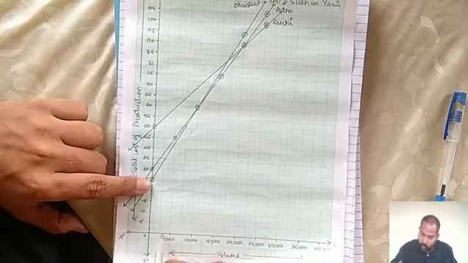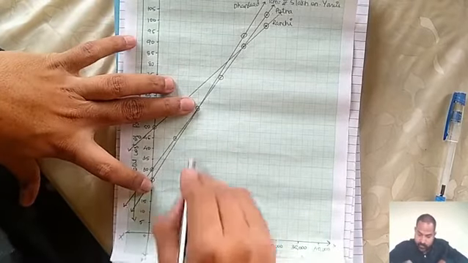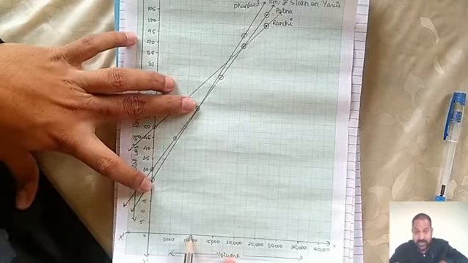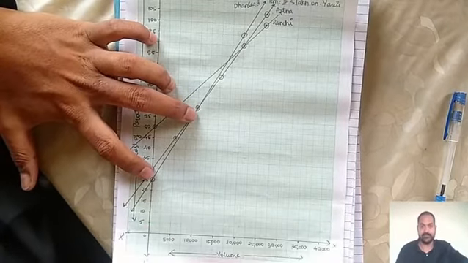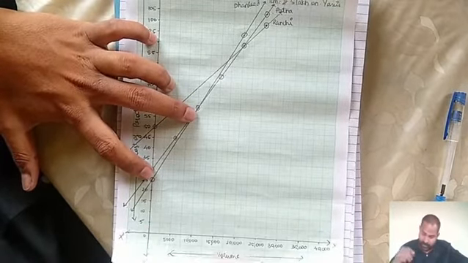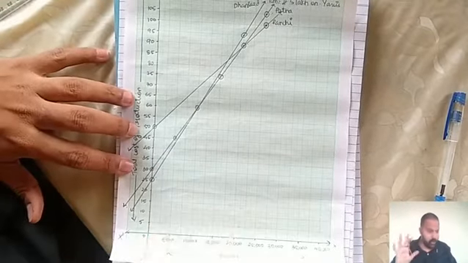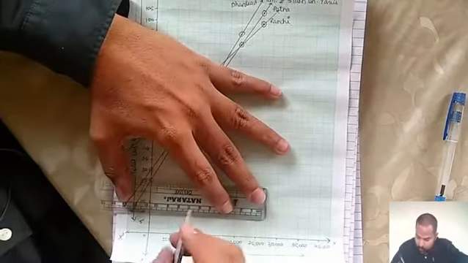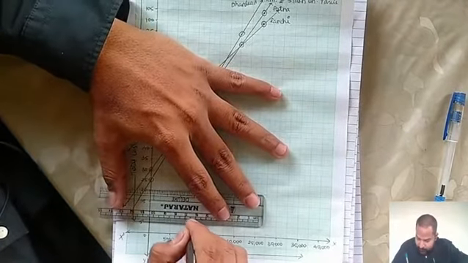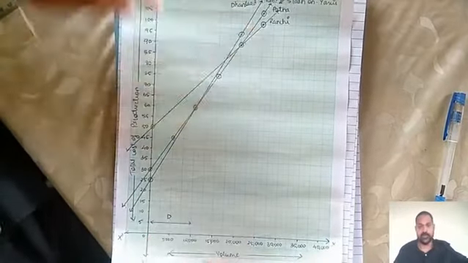From 0 right up till 10,000 units, the line for Dhanbad is the lowest. Don't draw this area in your graphs; I am drawing it in mine to show you that in this area, Dhanbad is the lowest, so Dhanbad is the best.